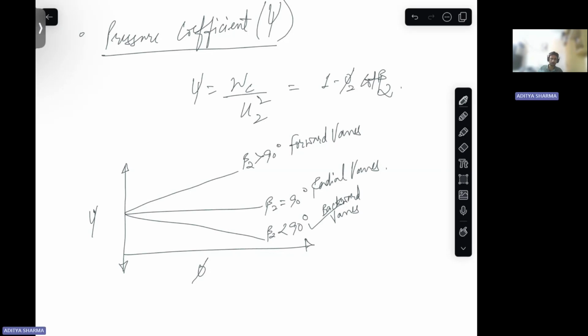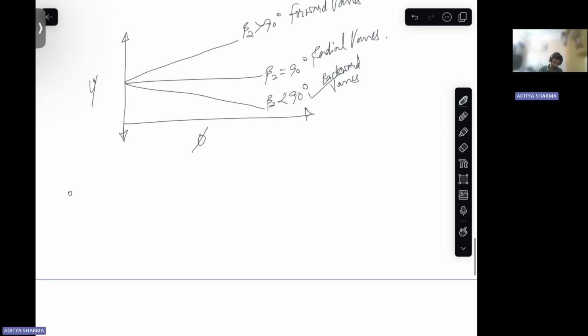Then there is one more term, that is slip factor. Okay. Slip factor is basically the ratio of this.